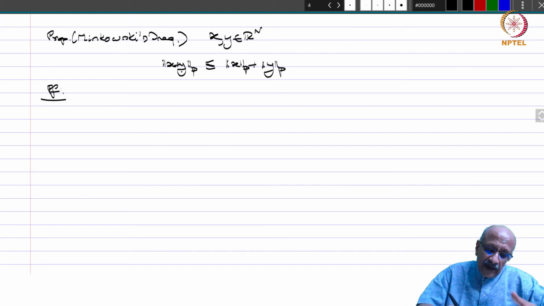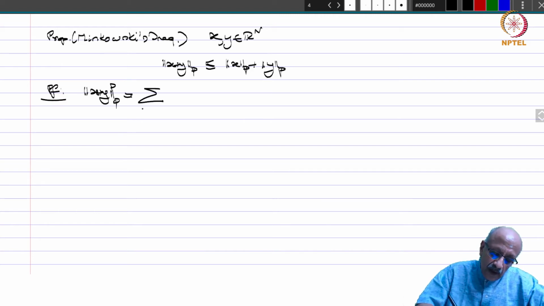So let us write the power p of the left hand side. You have norm of x plus y p whole power p, which is nothing but sigma i equals 1 to n mod xi plus yi power p.